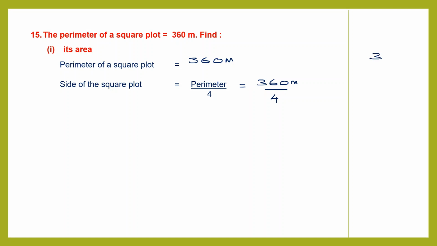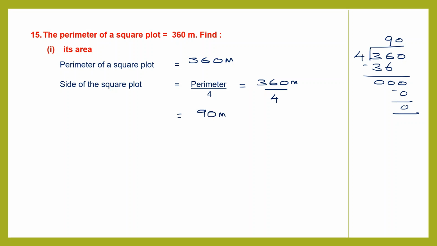So let's divide 360 by 4. 36, that will be 4 nines are 36. 36 minus 0. So I take the 0 up. Minus 0. So we have got 90.